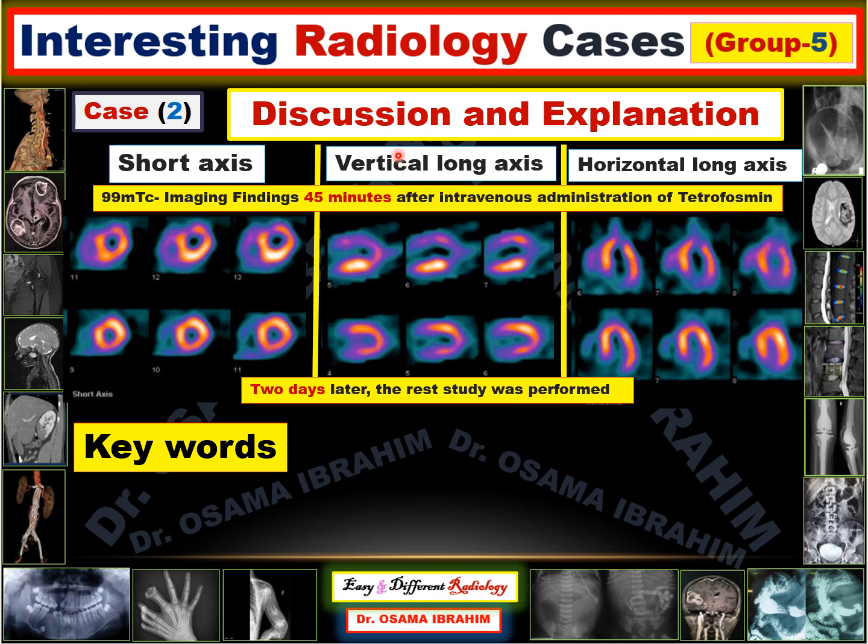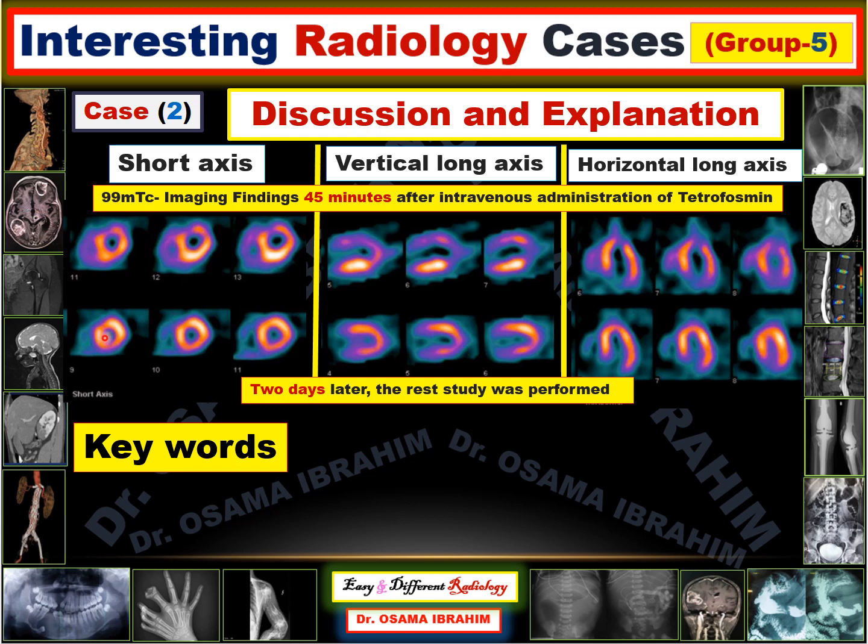Also, if you look at the vertical long axis, you can see the defect compared with the normal perfusion of the inferior wall. So there are defects in the apex, the anterior wall and the anteroseptal wall. Also, we can see in the horizontal long axis that there are defects at the apex.